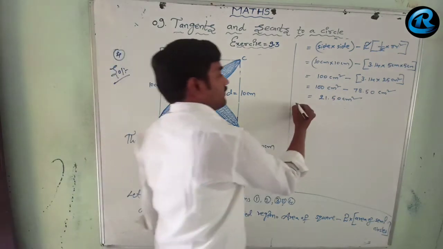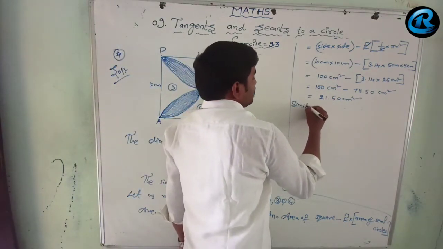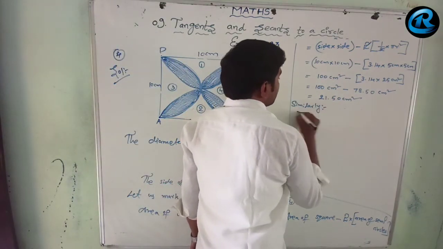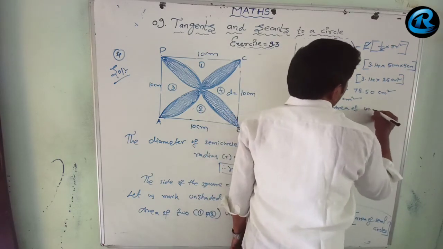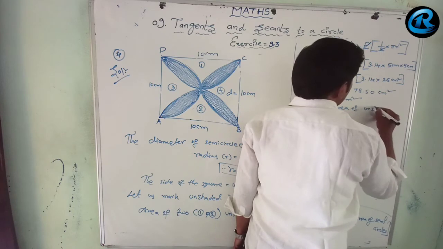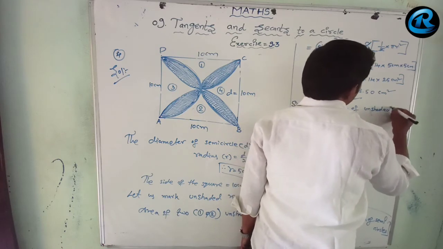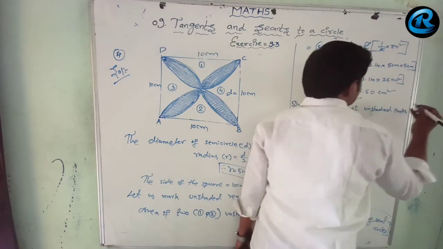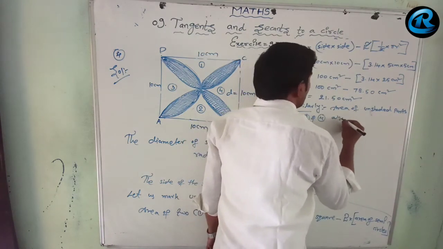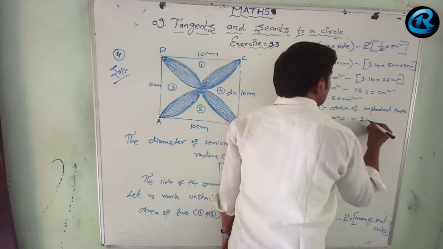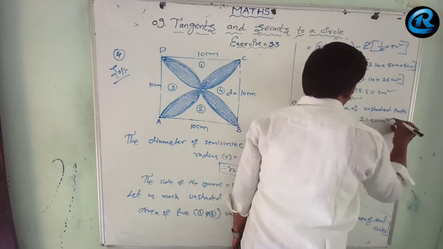Then similarly the area of unshaded parts 3 and 4 is also equal to 21.50 centimeter square.